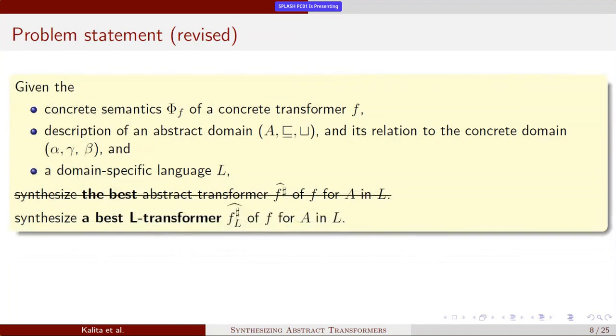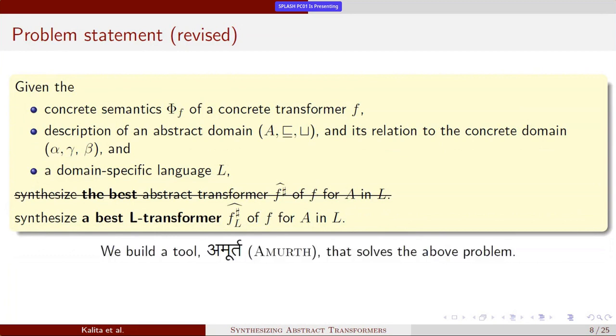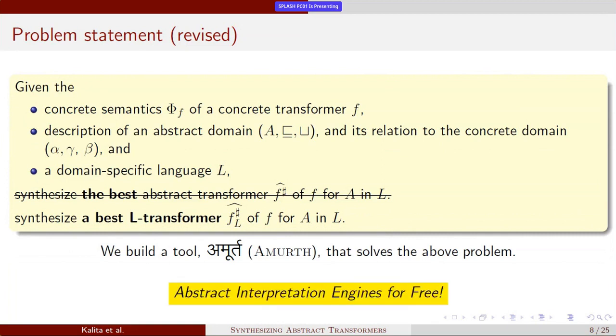Since there might not be a unique or expressible one, given the challenges we have seen, we refine our problem: let's synthesize a best L transformer F sharp L of the concrete function F for the given abstract domain A in the given language L. So we built the tool AMURTH, which solves this particular problem. In Hindi, the native language of India, AMURTH means abstract. By solving this problem, we can build an abstract interpretation engine for free.